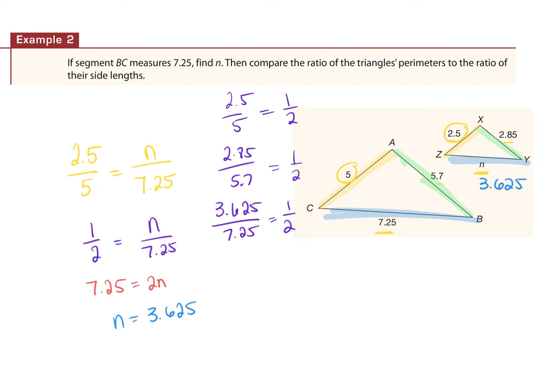Something else that happens is the perimeters do the same thing. So if I were to add up all my side lengths, that would also be a 1/2. If I put this perimeter over this perimeter, I would get 1/2 as my fraction as well. They will always reduce to the same fraction. So you can set them up as a fraction and make them equal and cross multiply. All right, and we're gonna do a couple more of those.